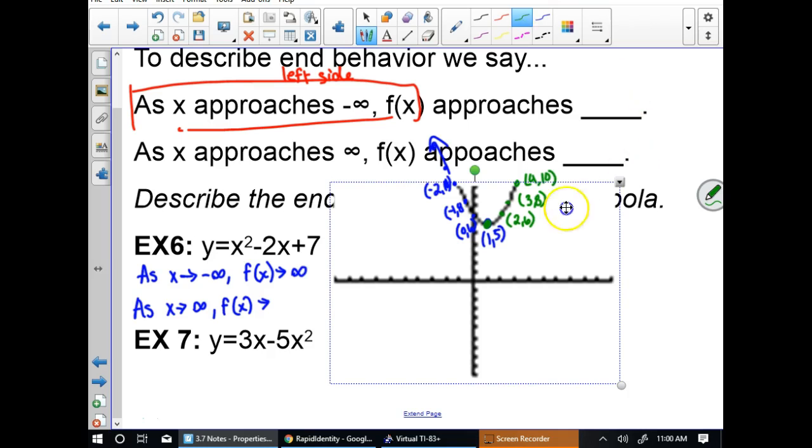So as our x gets bigger and bigger, what happens to our y? Bigger and bigger. So as x approaches positive infinity, f of x approaches positive infinity. And so when we see this, as x approaches positive infinity, that just means we're looking at the right side of the graph.